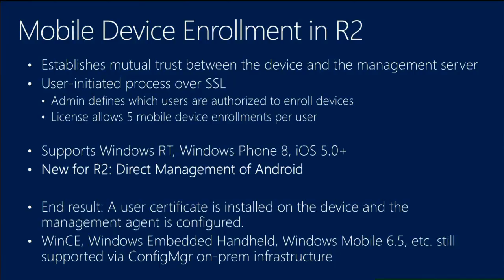New for R2 is the direct management of Android that I mentioned. So Android will be treated just like an iOS device, and it will have a full set of management capabilities on Android devices. The end result of enrollment is a user certificate installed on that device to identify that device, and then configure that device with the corporate resource profiles.